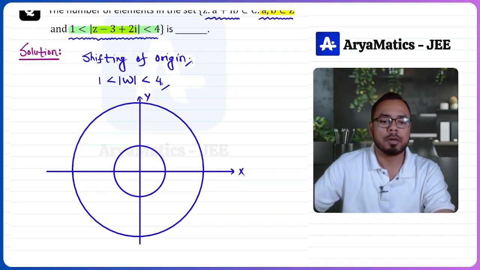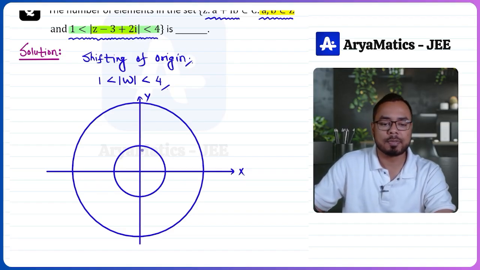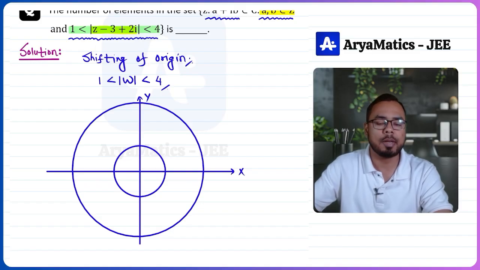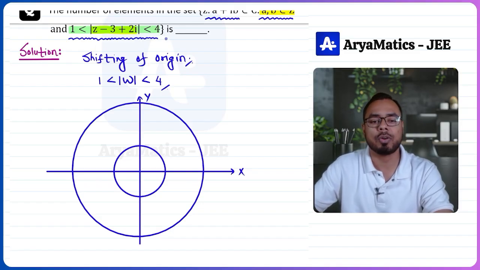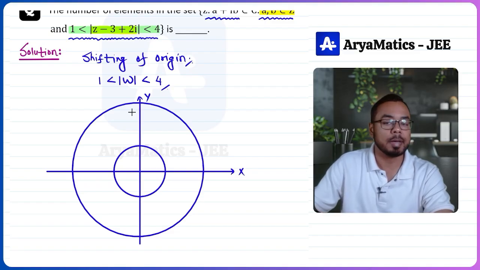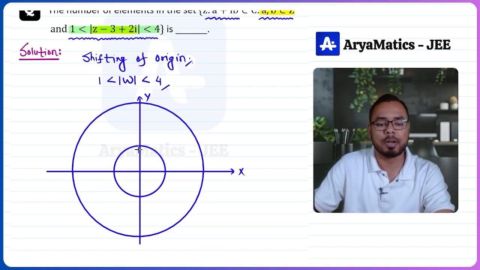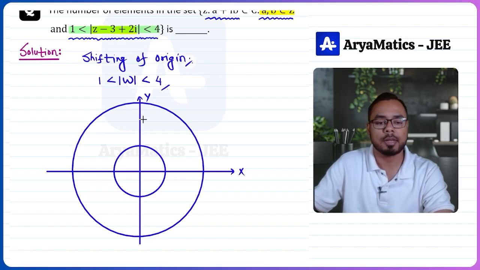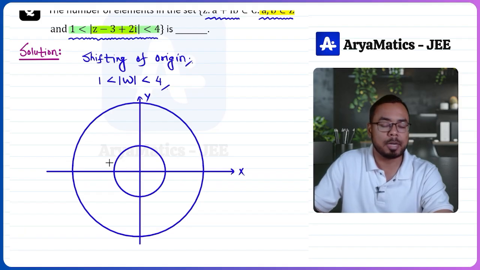Now, for the bigger circle, the radius is 4 units. For the smaller one, the radius is 1 unit. First we'll count all the points inside the bigger circle with integral coordinates, and then we'll remove those points which are inside the smaller circle, right? This inequality will represent the region between these two circles, outside the inner circle and inside the outer circle.